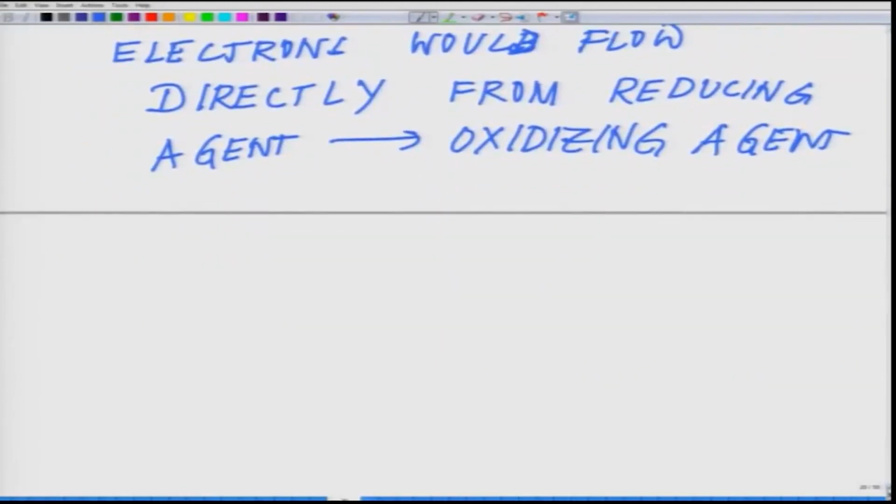We will take two case studies which will tell you how that is happening. Instead, the oxidizing agent and reducing agent are physically separated from each other, and the electrons are forced to flow through an external circuit.